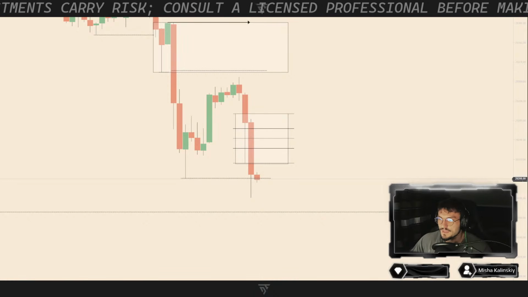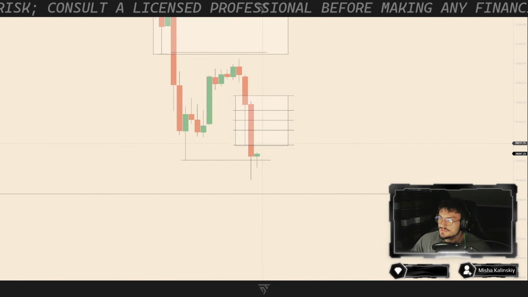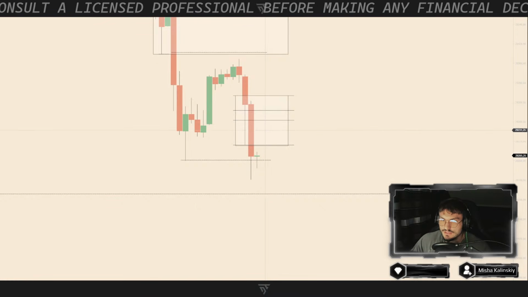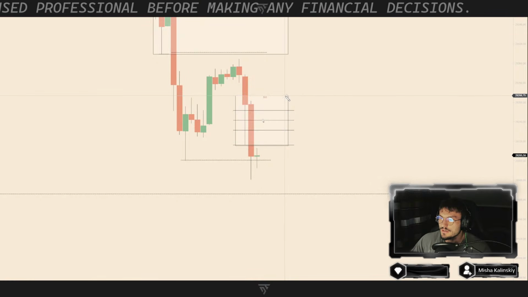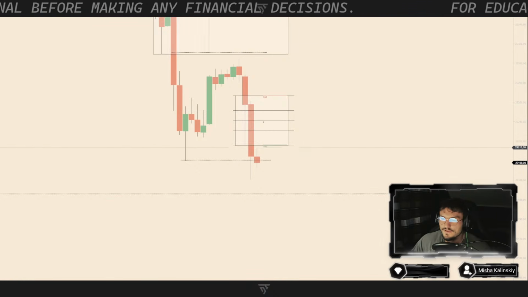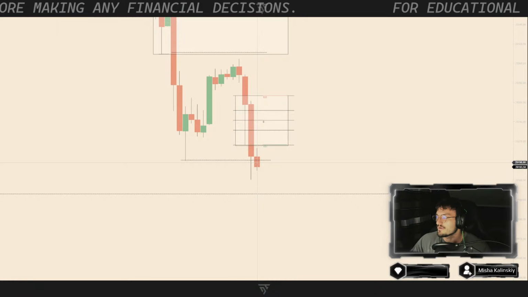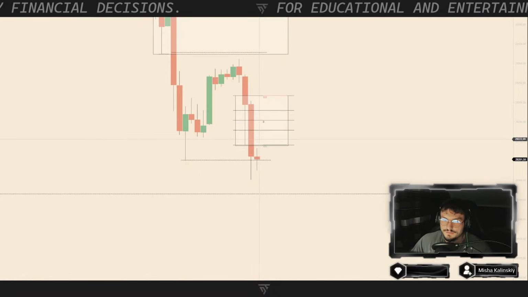Yeah, no closure. For example, if this did close below, I would consider this zone as a short opportunity. Oh, this is a little bit different. 105 ticks. But yeah, if this 5-minute candle did close below, this would be my entry, my setup.